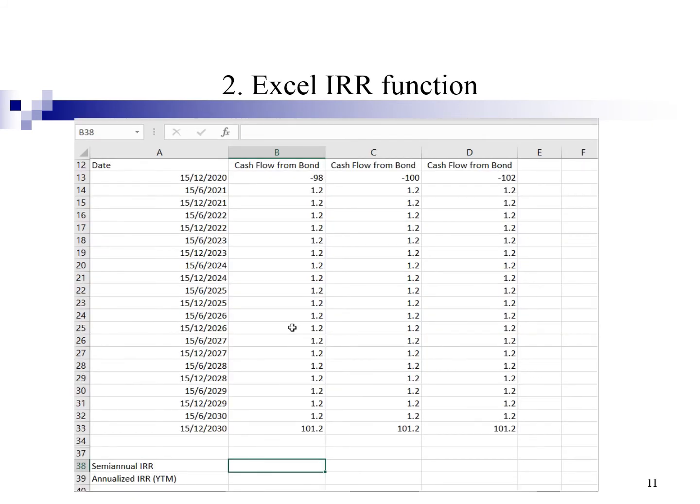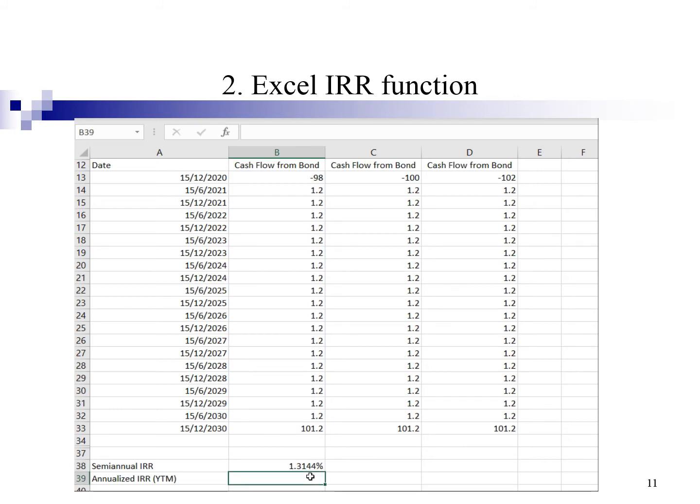Next, I will use the IRR method to calculate the yield to maturity. I'm going to type equal IRR, open bracket, highlight all the cash flow, close bracket, enter, and this is the semi-annual IRR.